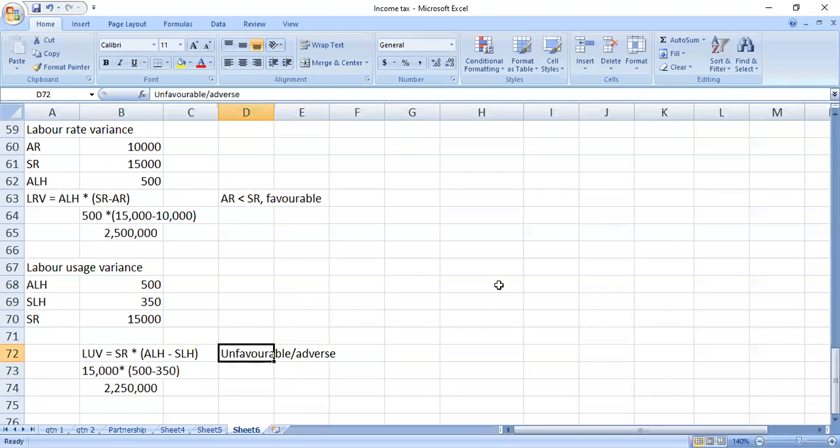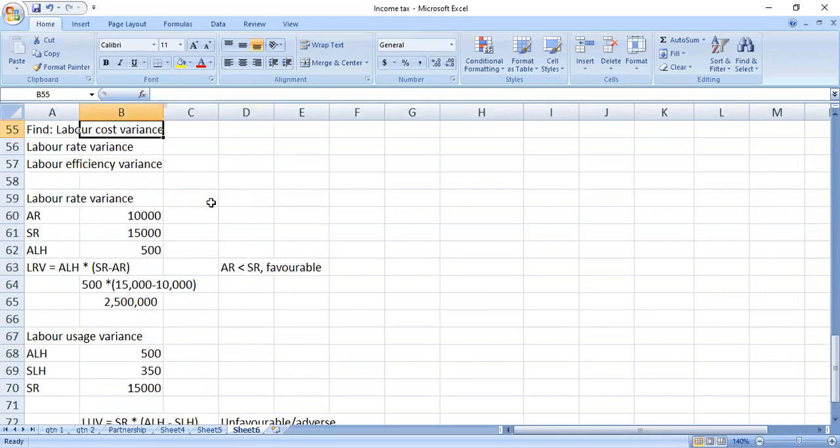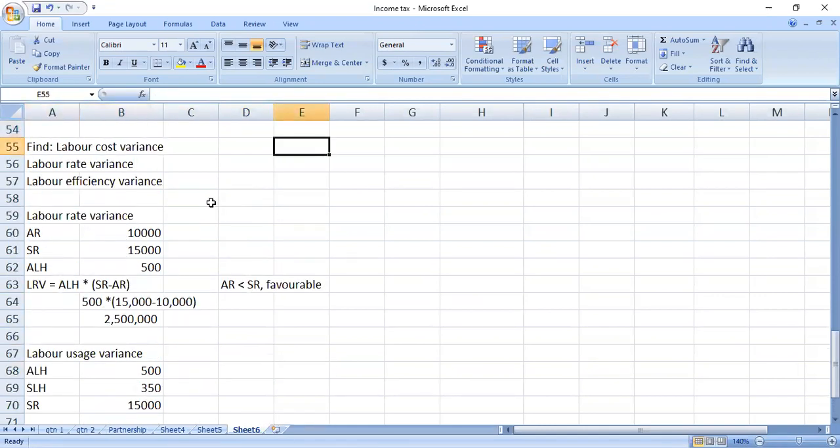So as you can see, one side is favorable and the other is unfavorable. Now, let's look at our labor cost variance, the big picture.